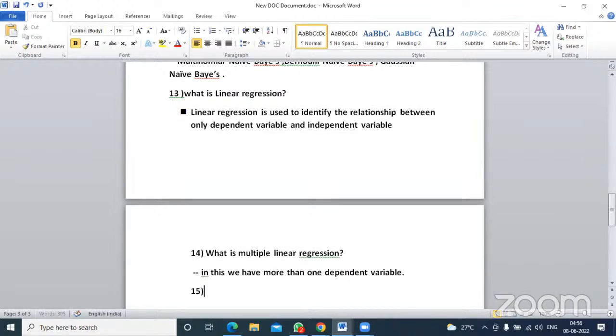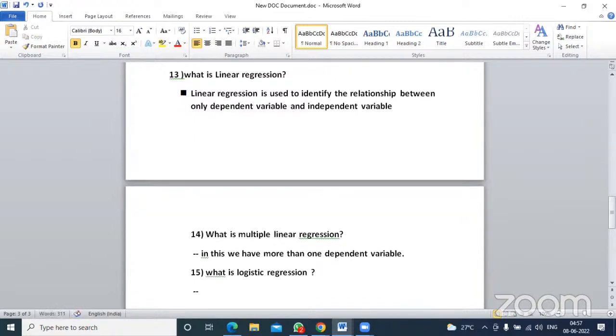Next question is, what is logistic regression?